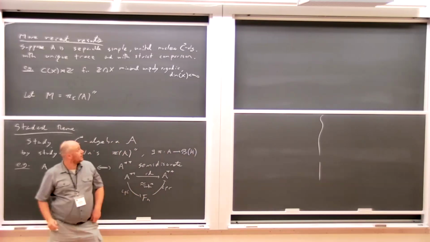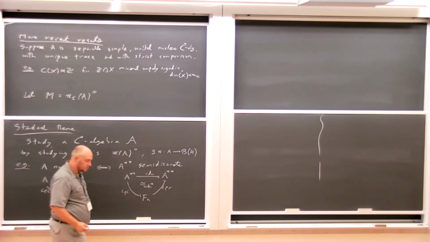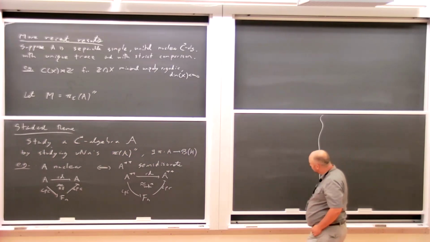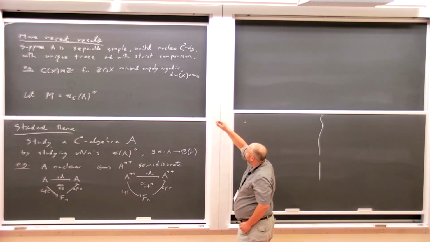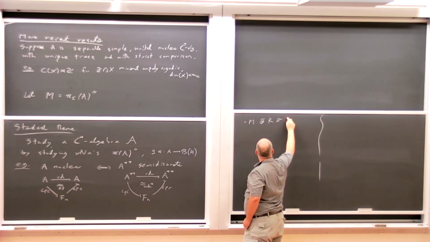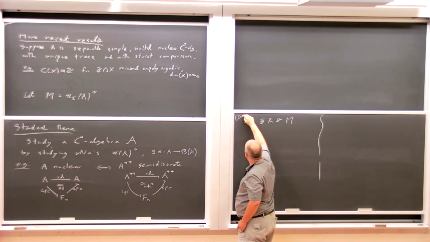But going further back, en route to Connes proving injective implies hyperfinite, he collects many properties of injective II_1 factors. The first one: in this setting, M is McDuff. So this whole side of the board is going to be Connes' paper.